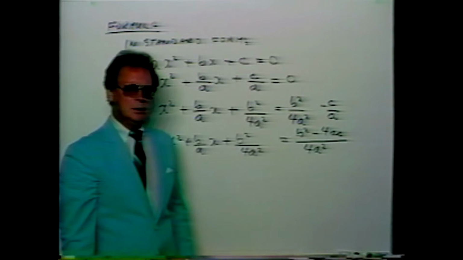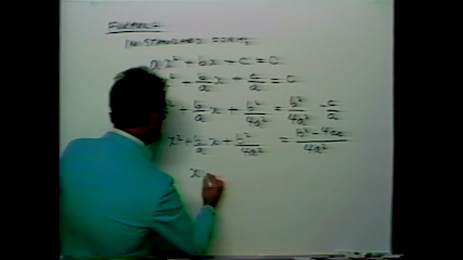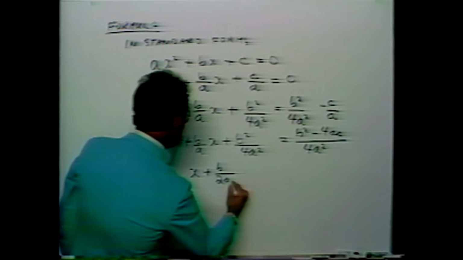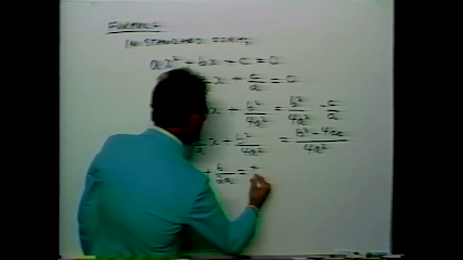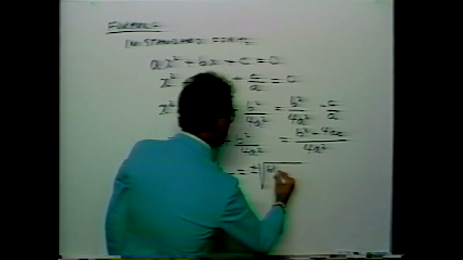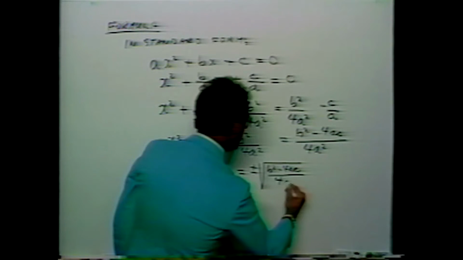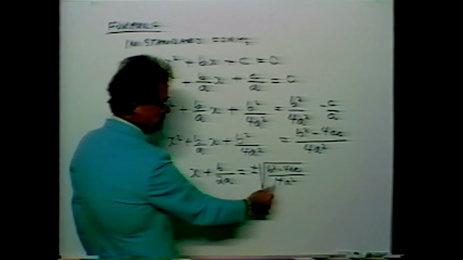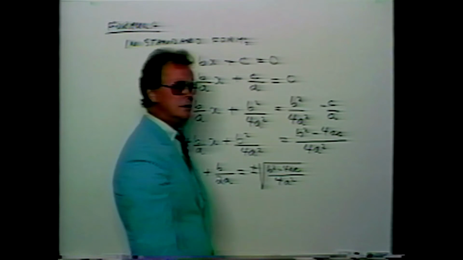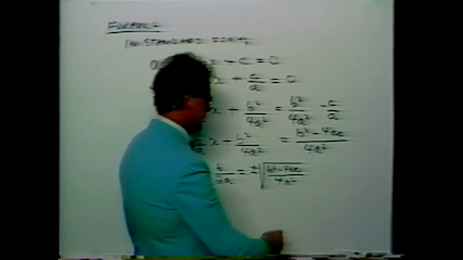Taking the square root of both sides, the result is x plus b over 2a equals plus or minus the square root of b squared minus 4ac over 4a squared. 4a squared in the denominator is a perfect square. So we can rewrite this result on the right as a mixed radical.